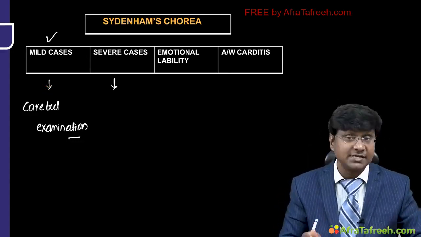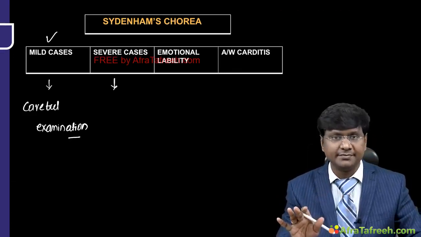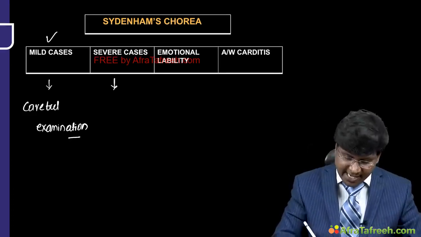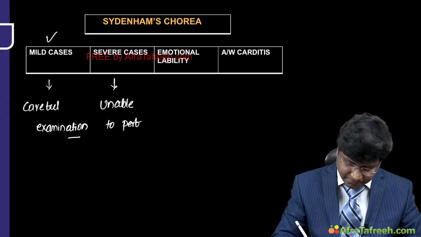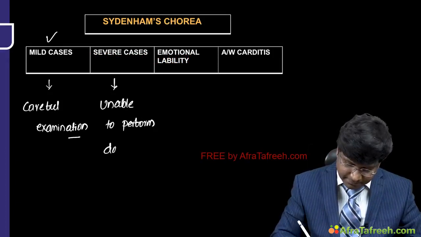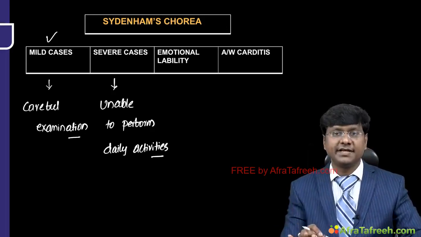Whereas in severe cases, careful examination is not required. In severe cases, the affected individuals are unable to perform the daily activities. Okay, so that is in case of severe cases.